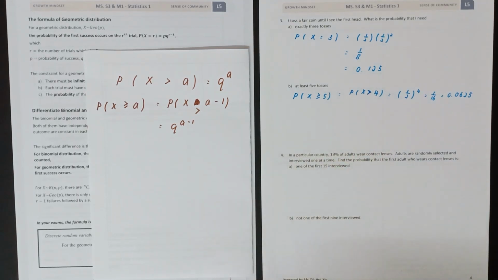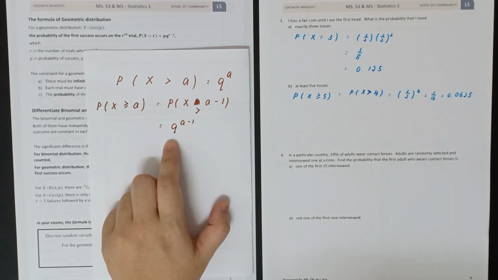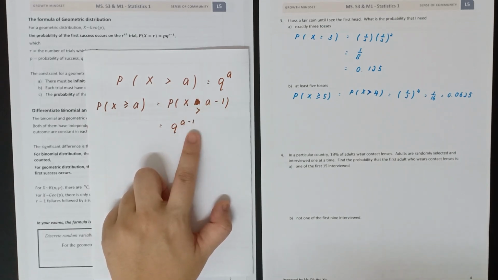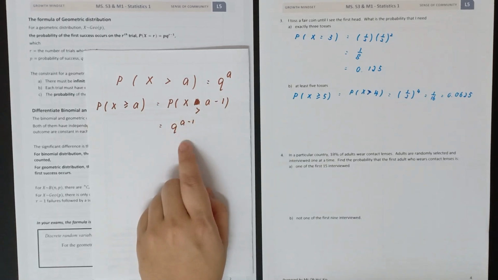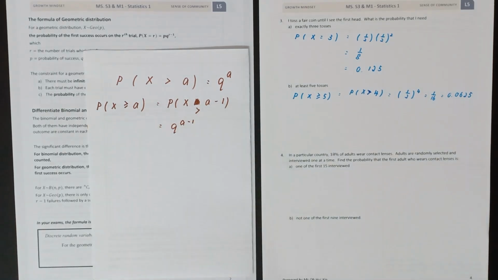Then what we do is it basically means failure to the power of a minus 1. So from this one you change it like the first one, then after that you use the formula. But I say the same thing, please try to understand why you are doing this.